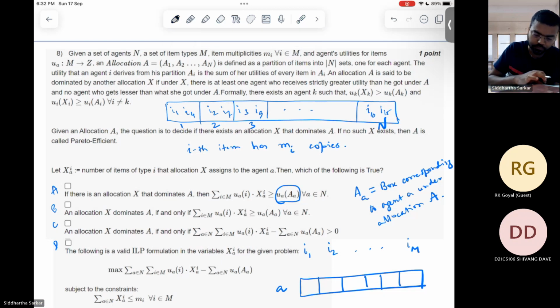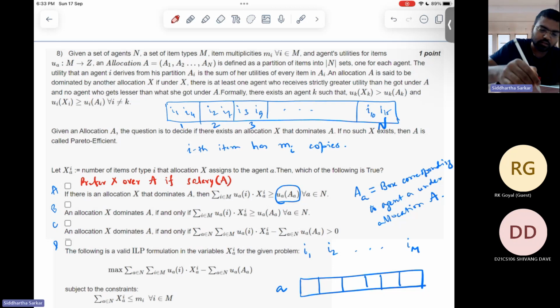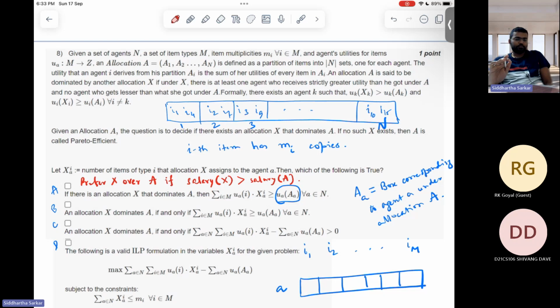Let us say you are applying for jobs and you have two different job offers, one from company X and the other from company A. You are going to prefer company X over company A if the salary offered by company X is strictly more than the salary offered by company A. Let us say that is your preference rule.